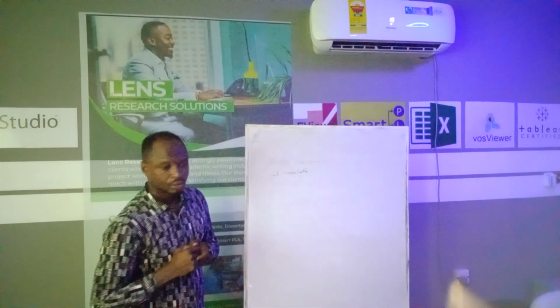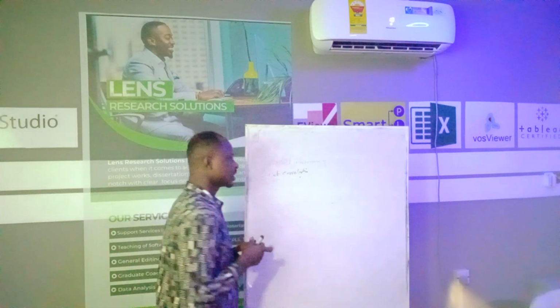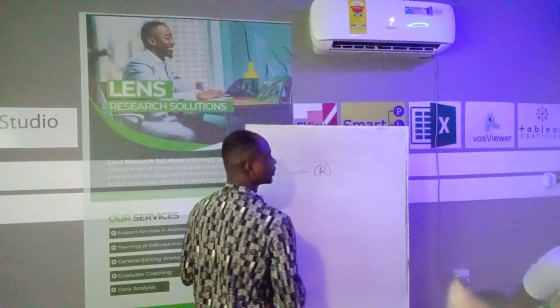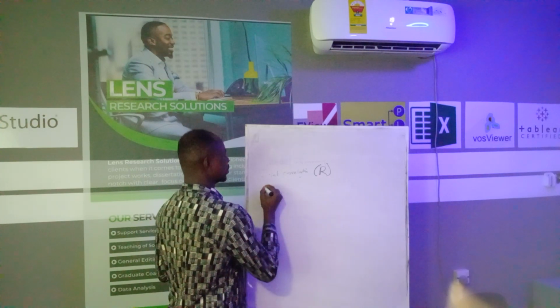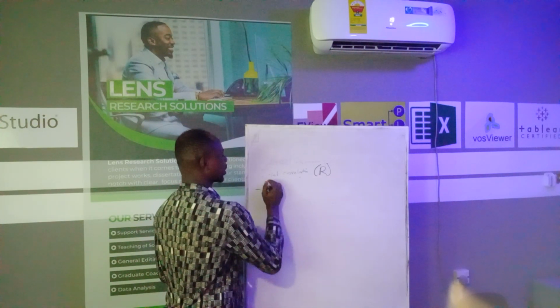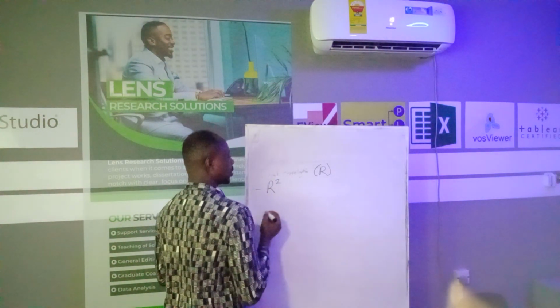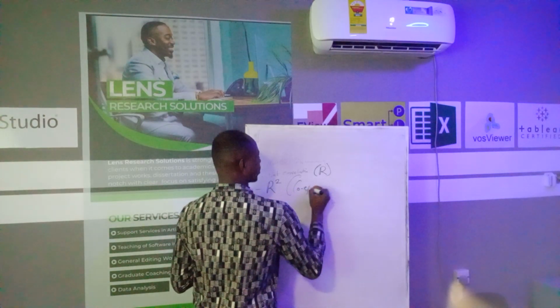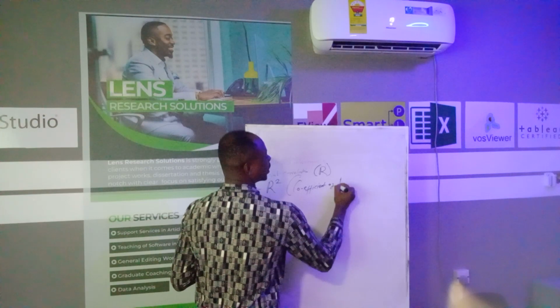Joint correlation is represented by R, most of the time capital R. Another thing is R squared, and the R squared is called the coefficient of determination.